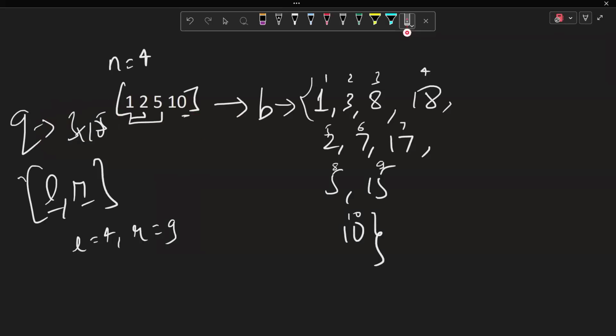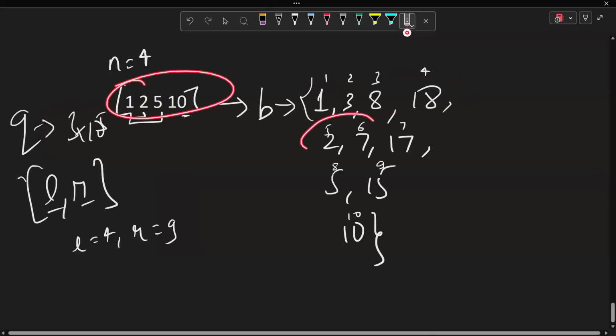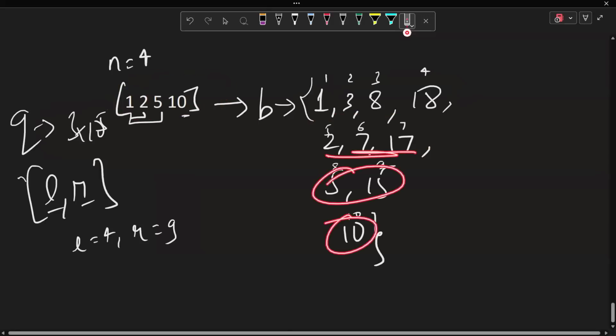Now, the first observation is how I wrote this array. I divided this array into groups. First group is this prefix sum starting with 1. Second group is this prefix sum starting with 2. This is the third group, this is the fourth group.